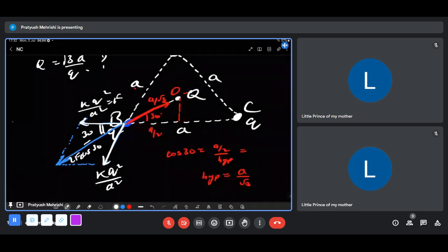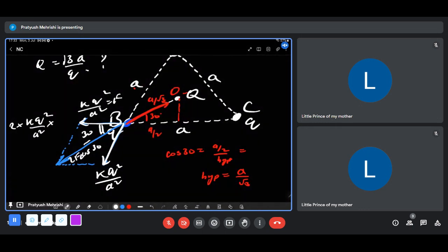So 2 into K Q square by A square into cos 30. Cos 30 is root 3 by 2. This 2 and 2 cancel. Ultimately, the force we get is K Q square by A square into root 3.